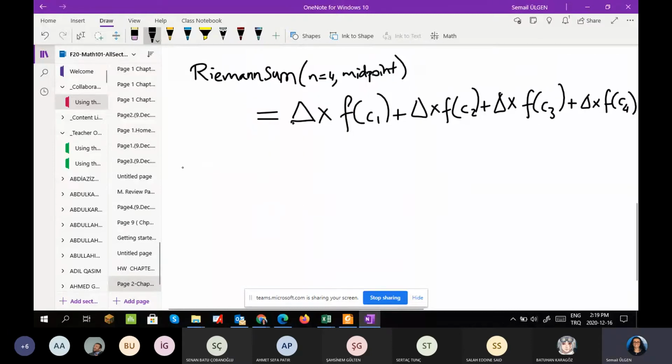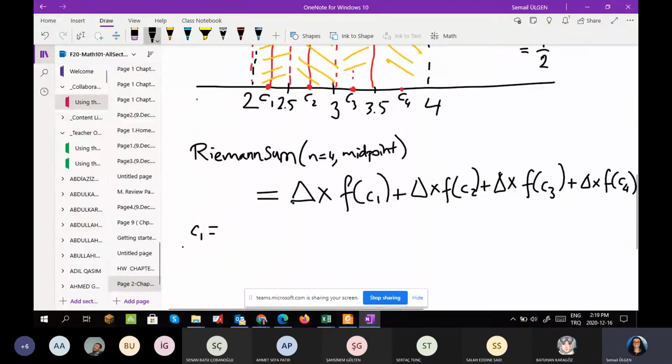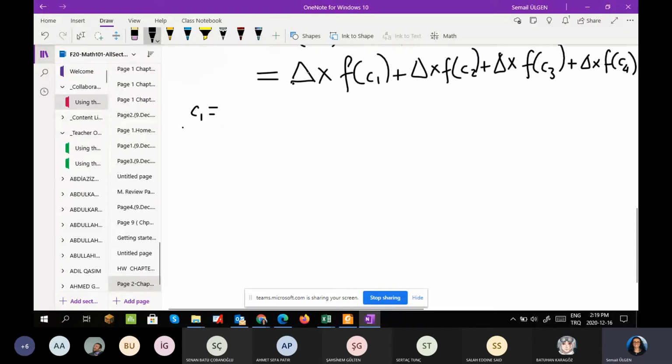But what is c1, c2? Okay, c1 is the middle, which is 2. Let's go up here. It is the midpoint of 2 and 2.5. So you are going to add them up and divide by 2. So this is going to be 2 plus 2.5 over 2, which is 4.5 over 2.